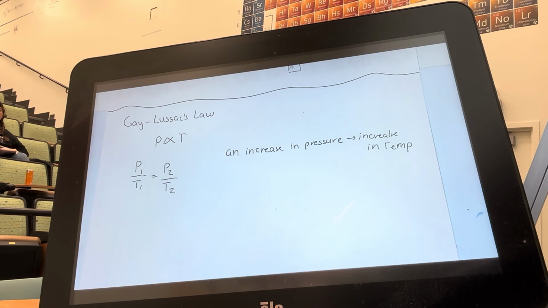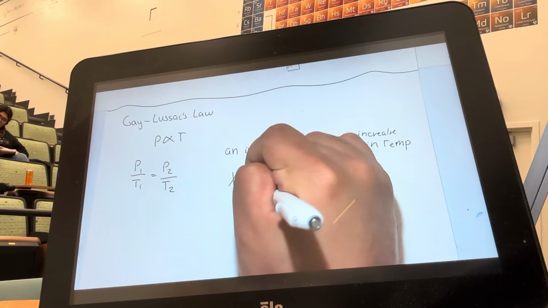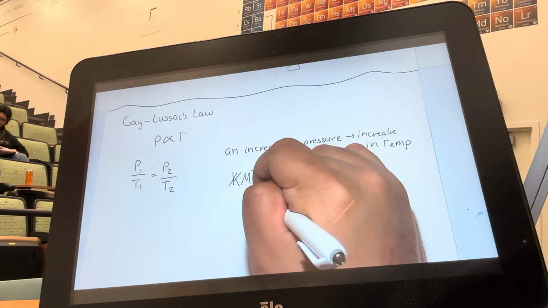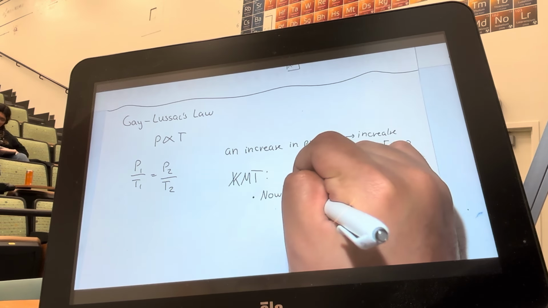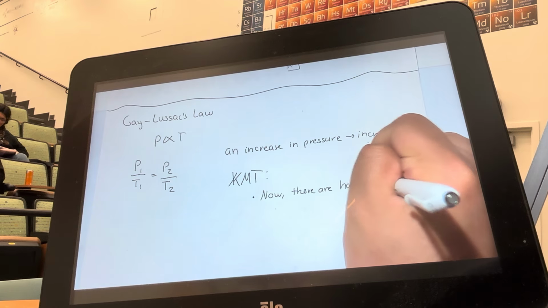And so, because we didn't do it last time, what this looks like, you should be thinking about this, is when you look back at the KMT, what's actually going on is that now there are harder collisions, right? So as you increase the temperature, more collisions are happening.